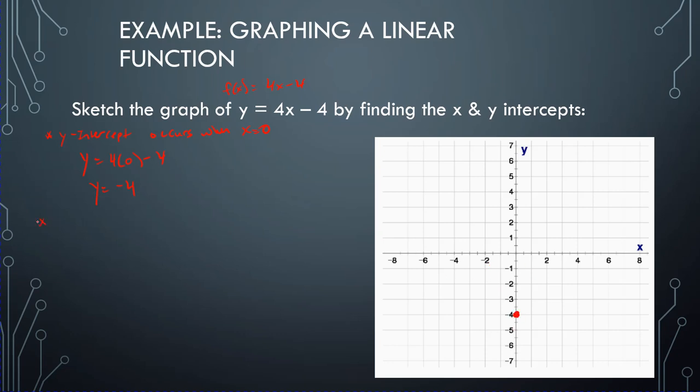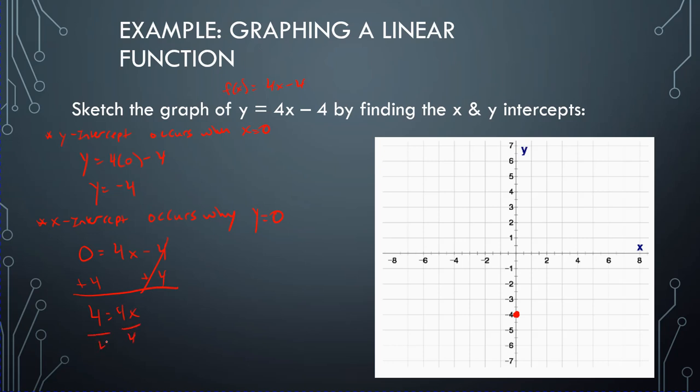Now the x-intercept occurs when y equals 0. So I'm going to plug 0 in for y and now just solve this. This is pretty easy to see. You add 4 to each side, you get 4 equals 4x.